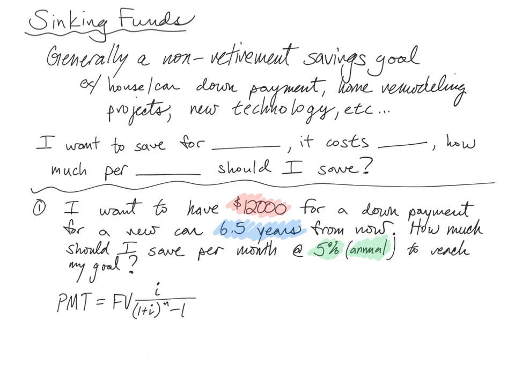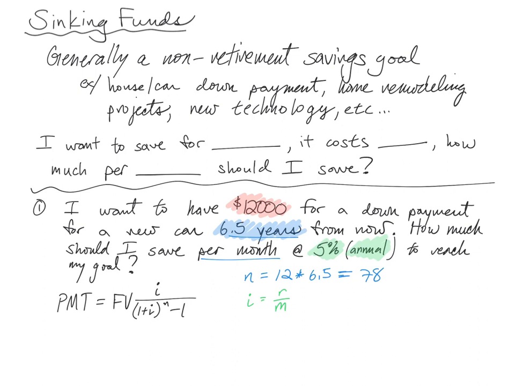So I know the total number of compoundings will be the number of compoundings per year, which is monthly, 12, times the number of years, 6.5. So n here would be, what would that be? 72 and 6 more is 78. Secondly, we have to figure out the i for this formula. i is the rate divided by m.